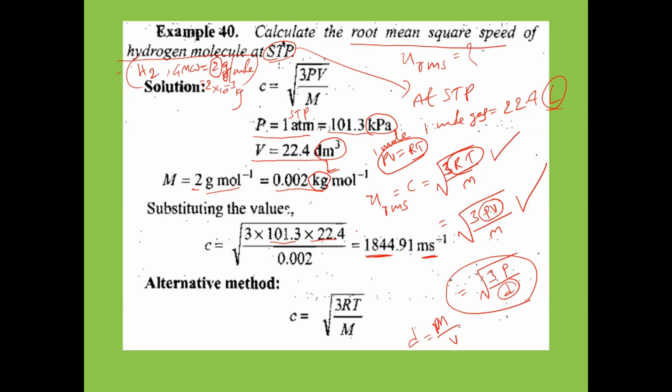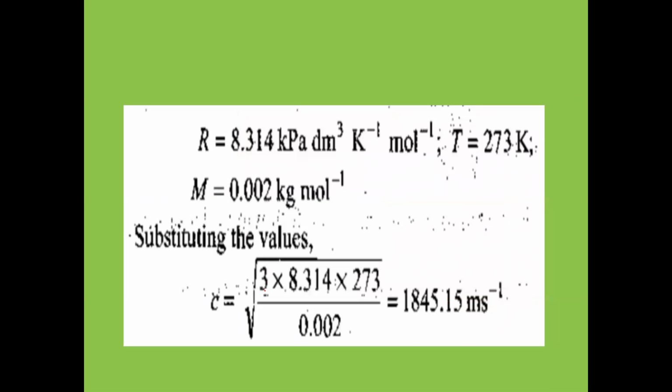And in the alternative method, which formula can we also use? RT we can use in place of PV. So RMS velocity C is equal to under root 3RT by M. In this we substitute the R value and T value, R in joules and mass in kilograms.